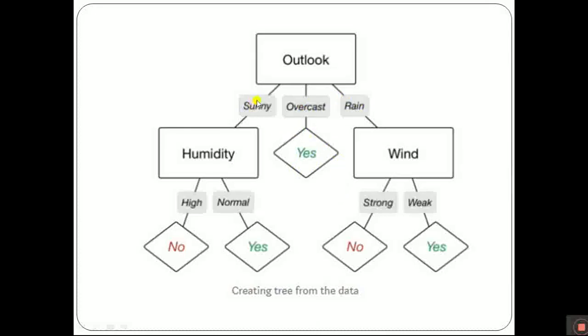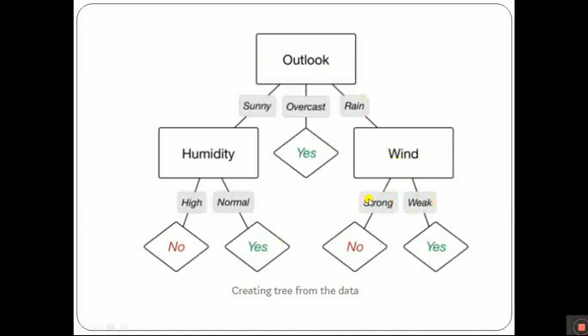In sunny, different categories are there. From this, we can calculate gain. Humidity is the highest factor, so we categorize high or normal. For high, the values say no; for normal, we can take yes. Similarly for windy, whether it is strong or weak. So this is the final tree.